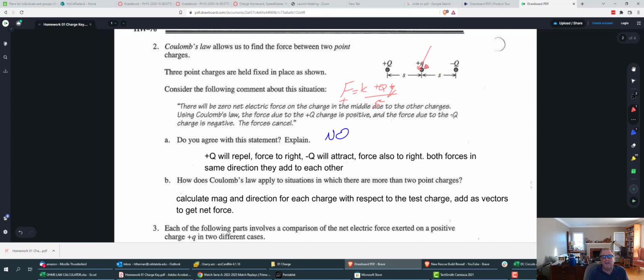And then you calculate each pair, the pair being the test charge and the other charge involved. K, negative capital Q, positive little q, and in this case S squared once again, and then you add them as vectors.